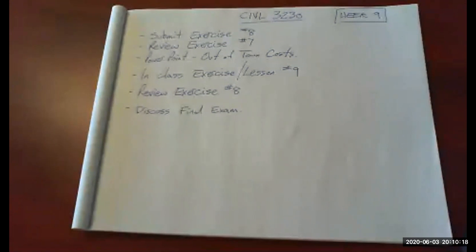So that won't take long, maybe 5 minutes. And then right at the end of class, I will talk briefly about the final exam, some things that you can expect on the final. So it's 8:10 according to my computer. So let's come back at 8:20 and we will finish off.